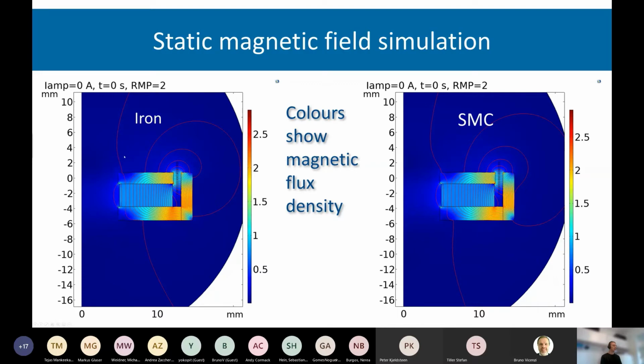On the left you can see the iron solution, and on the right you can see the SMC material. The colors show the magnetic flux density. You can see that they look very much alike, so that's not a big difference, at least in this case, of using SMC compared to massive solid iron.